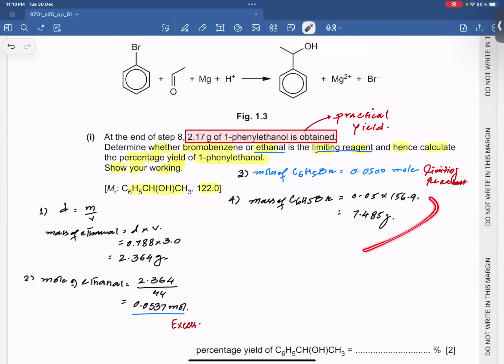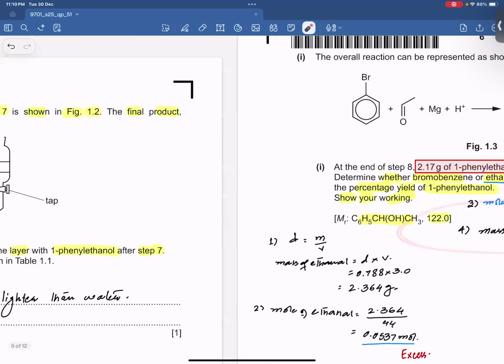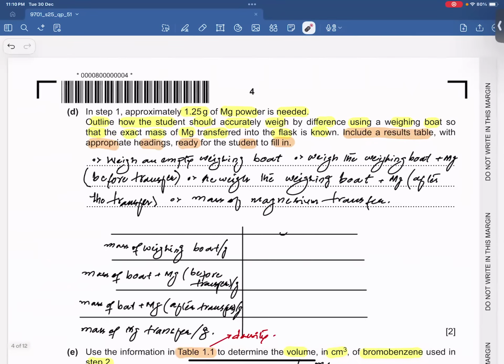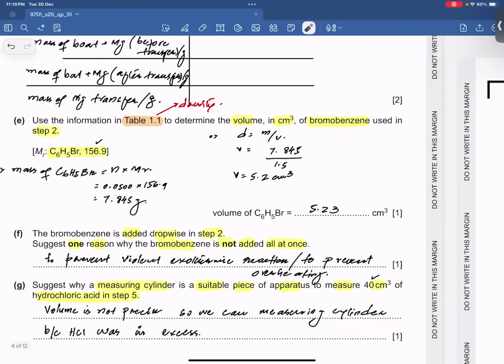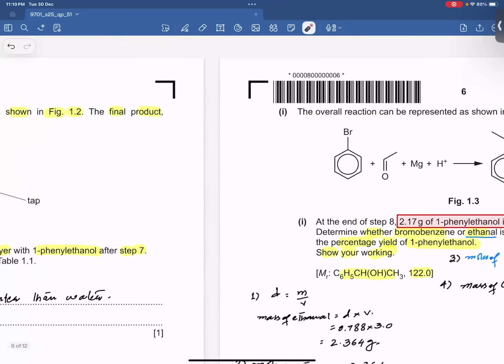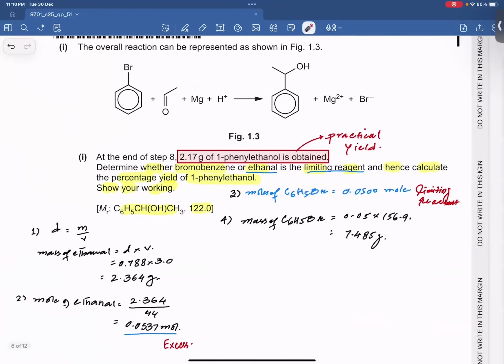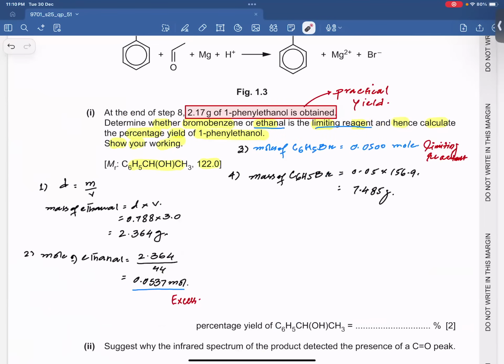And I believe that's the value we calculated in the last part also, isn't it? So it doesn't make any difference, because the examiner is looking for the working, so we need to mention that. So that's the theoretical yield, guys, for bromobenzene.